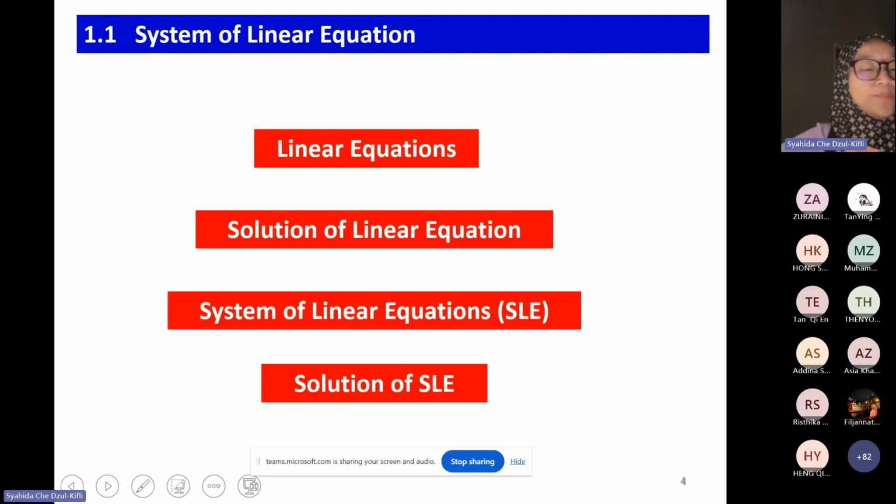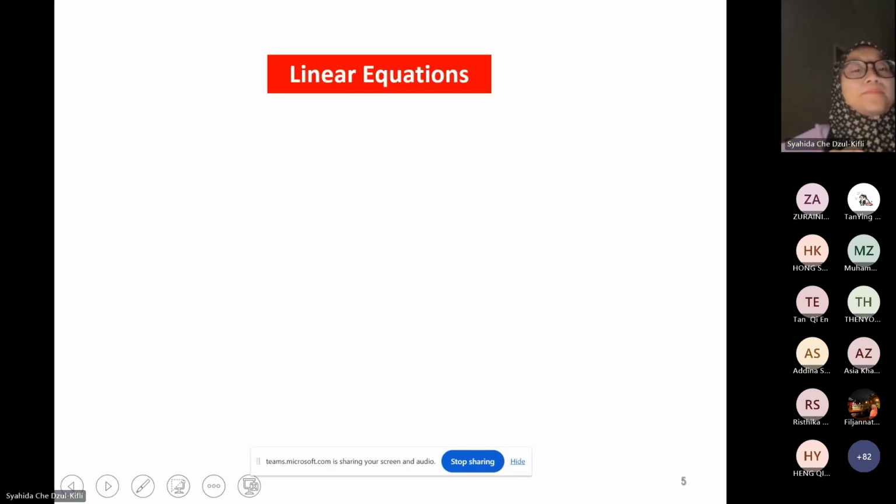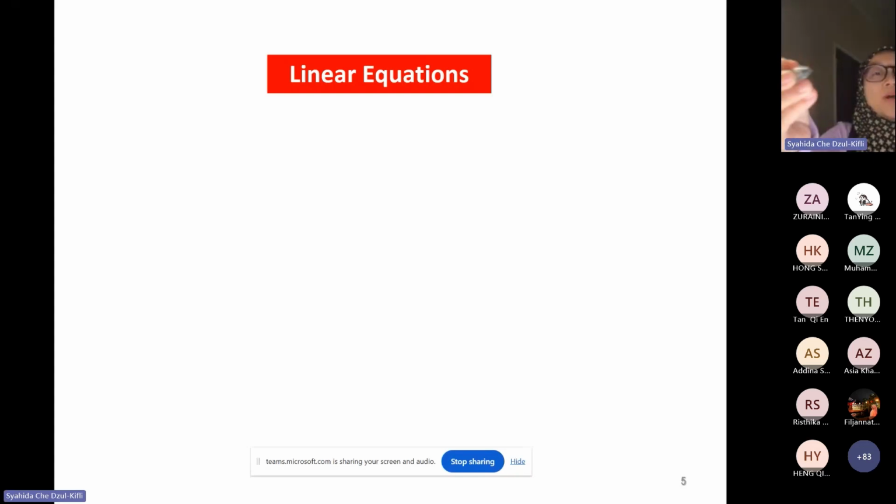Okay, so the main basis of systems of linear equations is, of course, linear equations. When we talk about equations, what we have in mind is there is an equal symbol. Whenever we have an equation, we are going to have that symbol. Then I will always use the terms left hand side and right hand side.